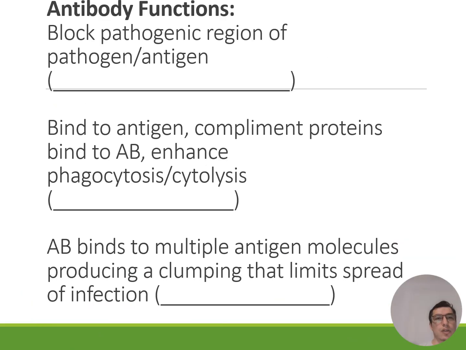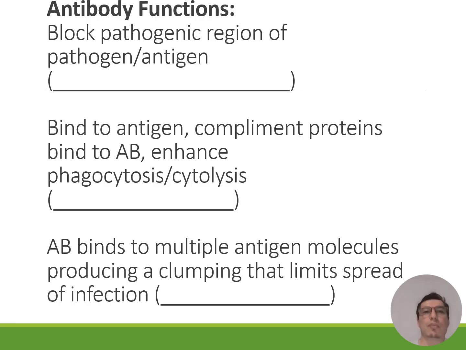Antibody functions. Block pathogenic region of a pathogen antigen. Bind to antigen, complement proteins to antibodies, enhance phagocytosis or cytolysis. Next, antibodies bind to multiple antigen molecules, producing a clumping that limits the spread of infection. Remember how we talked about some of the functions from the complement system?